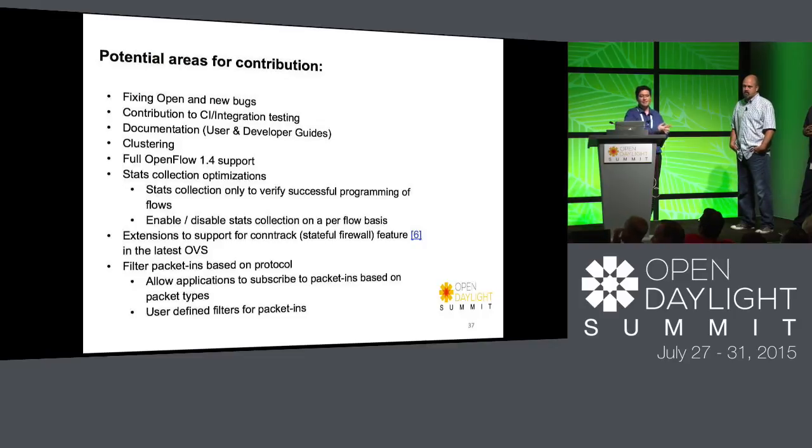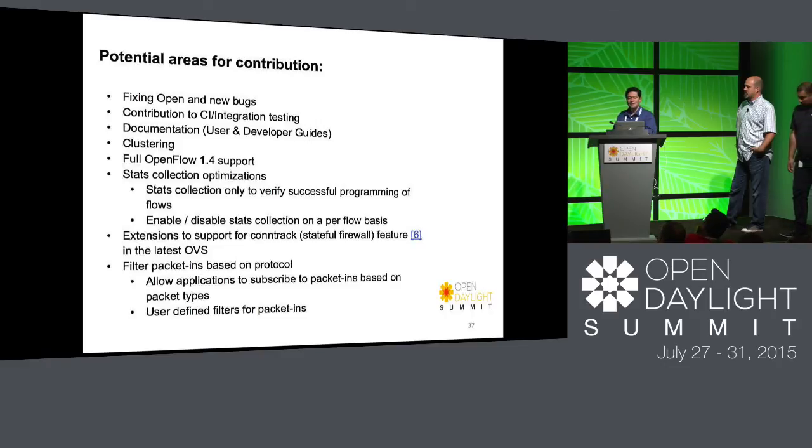The documentation, as we said, is a very high priority. Okay, here I have my priorities set right. The clustering also. We have Kamal and Anil, but we need more help to make it happen faster, because this is such a key feature, and it's a big feature. Full OpenFlow 1.4 support is something that will be a priority.